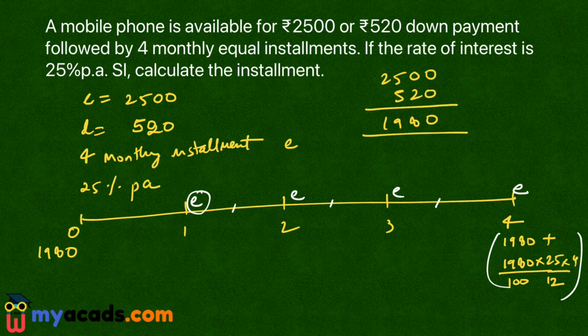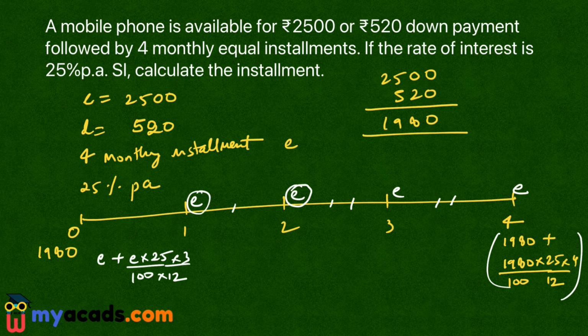The amount paid by the person is E plus the interest earned by the shopkeeper on E. So E into rate of interest 25% and time period is 3 months, into 3 upon 12. Similarly, when the person pays the second installment, the shopkeeper will earn interest on this for 2 months, 1 and 2.